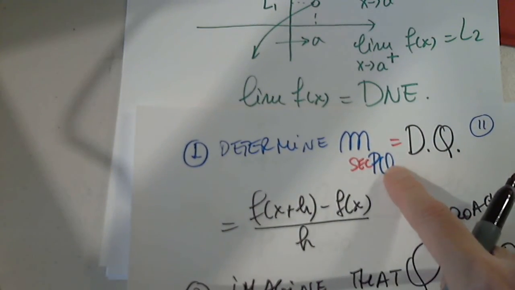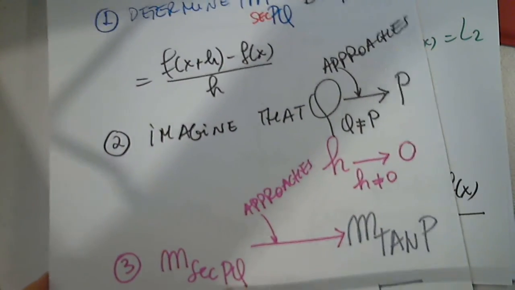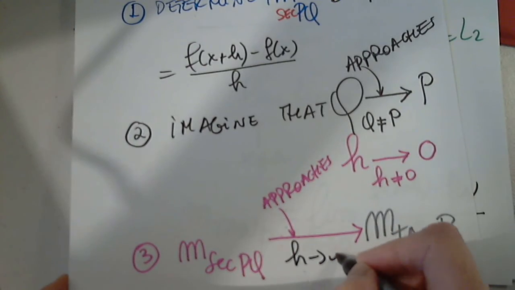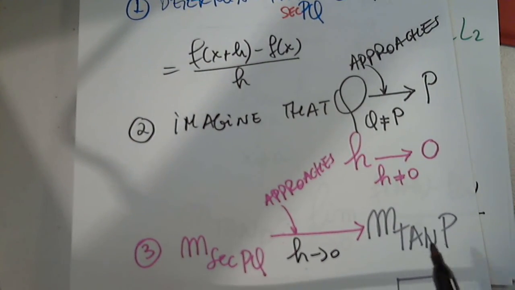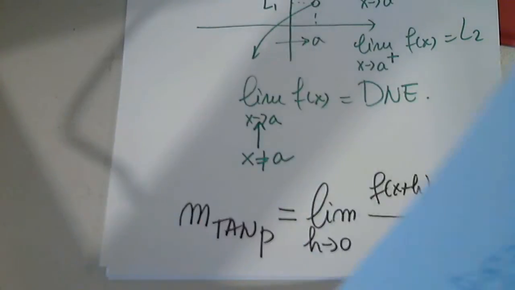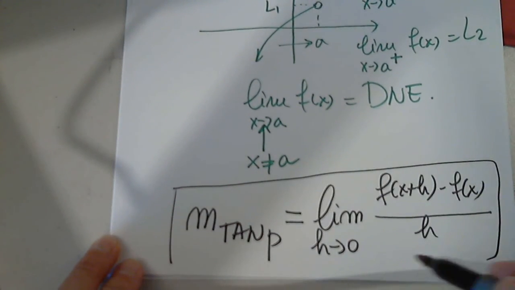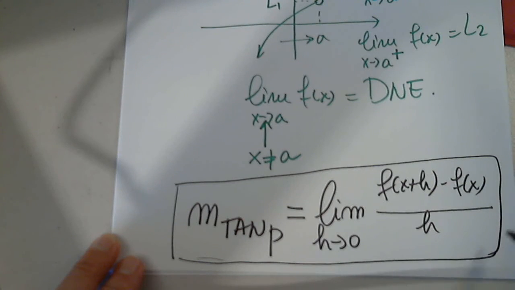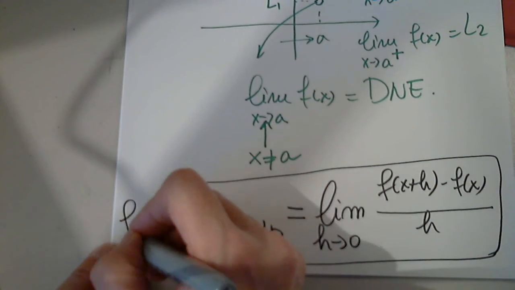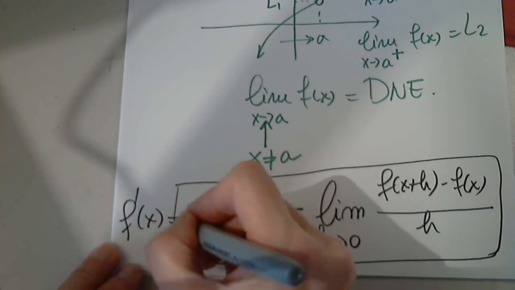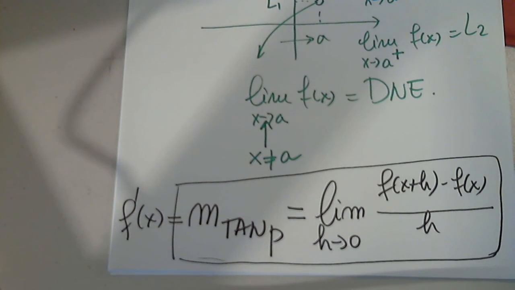So we determined the slope of the secant line, and we said the slope of the secant line as h approaches 0 approaches the slope of the tangent line at P. This is what we are going to define, not today, as f prime of x, which is the derivative of the function at any point where the function, I don't want to use the word, but I'll say it is differentiable.